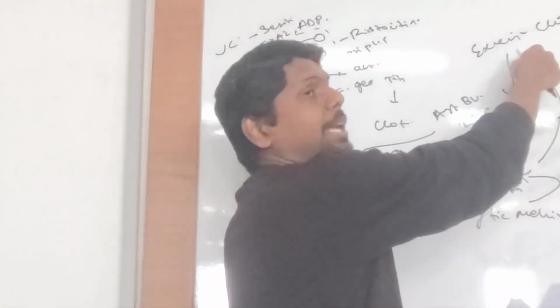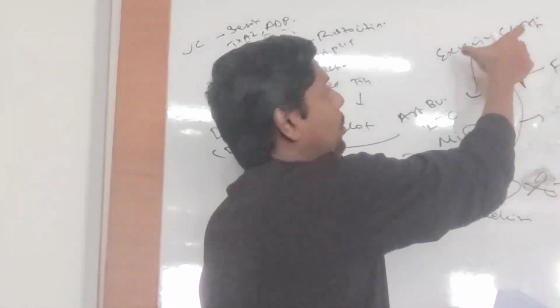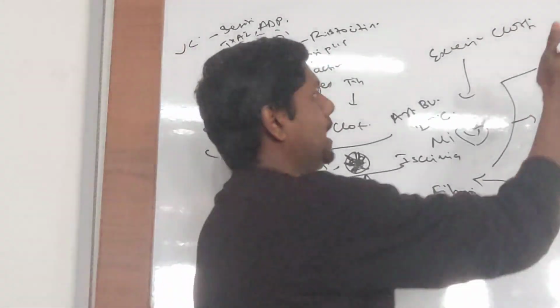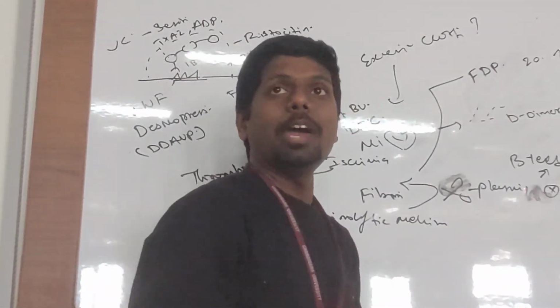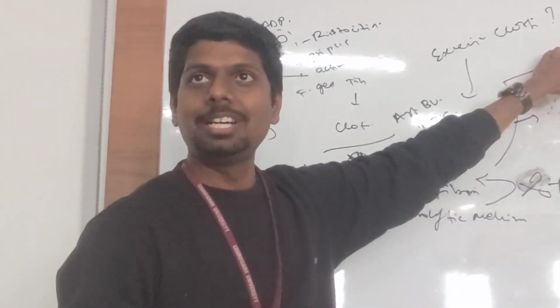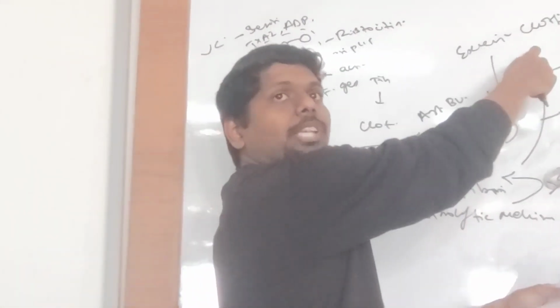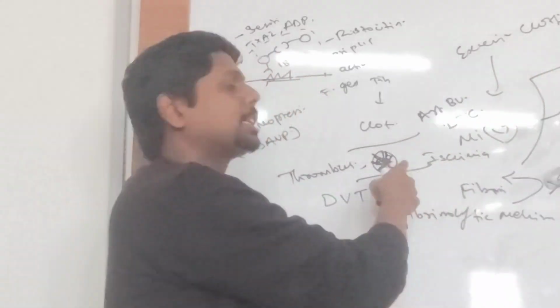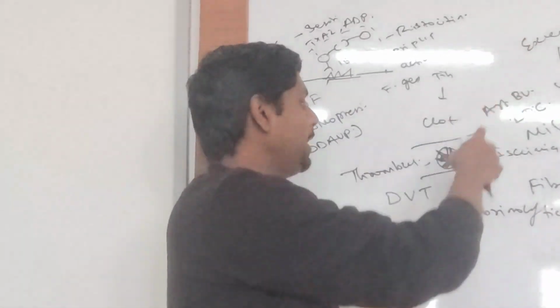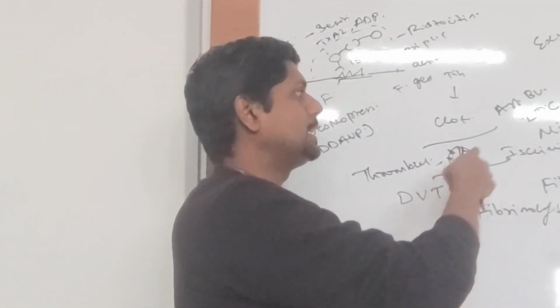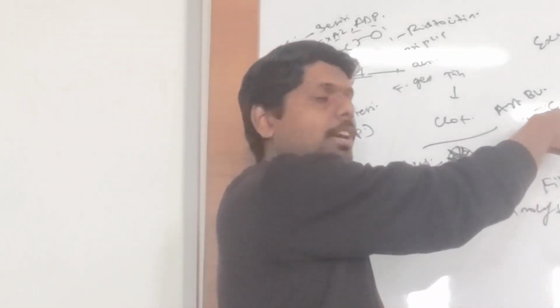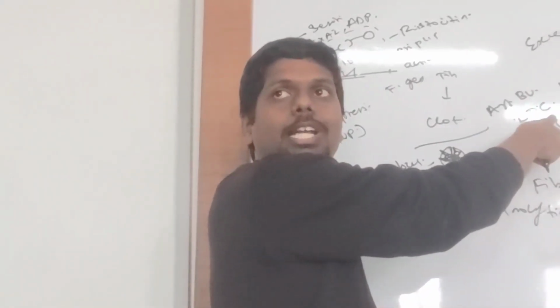Why is this happening? Why is there excessive clotting in the body? That investigation we should do. When we are not doing this investigation, the complication of this clotting will be thrombus. The patient can die due to deep venous thrombosis, ischemic heart attack, or DIC, disseminated intravascular coagulation.